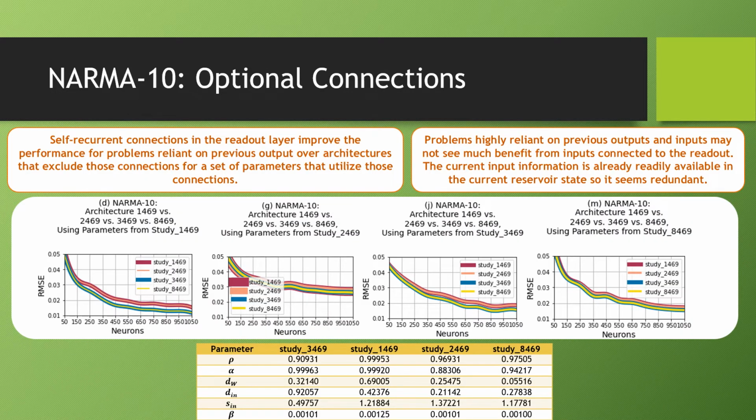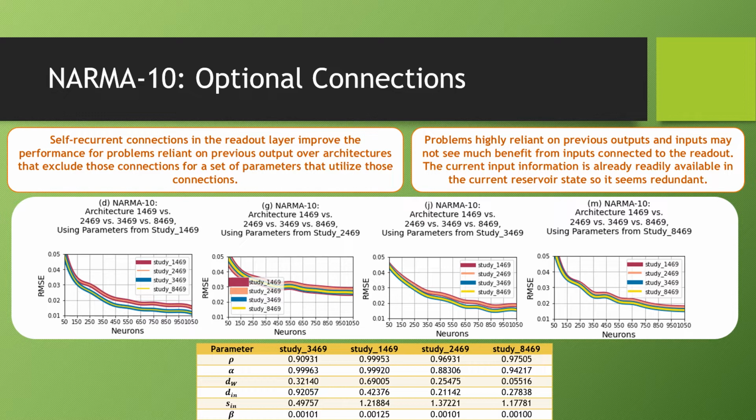Various connections to the readout were tested, including from the input and reservoir, just the reservoir from the input, reservoir with self-recurrent readout connection, and just the reservoir with self-recurrent readout connection. A few things are evident from this graph. Number one is that utilizing the extra connection is highly dependent on the parameter selection, meaning the echo state property is important in making use of them.